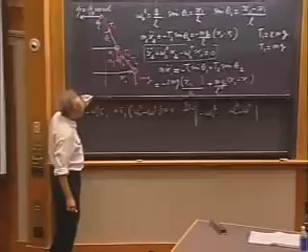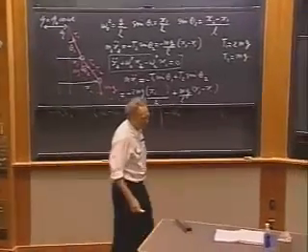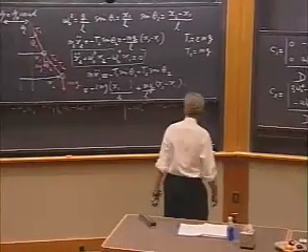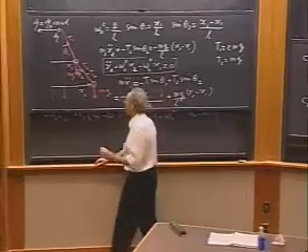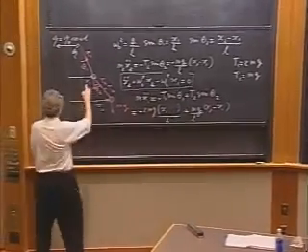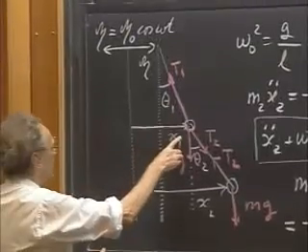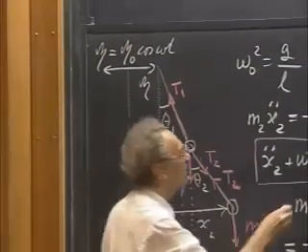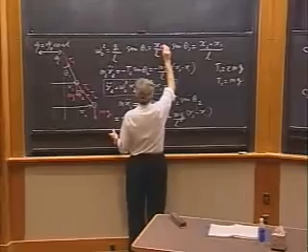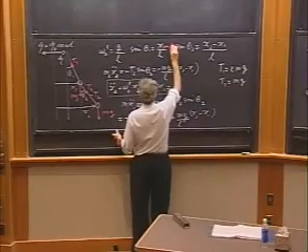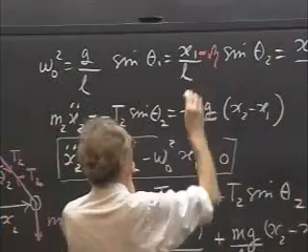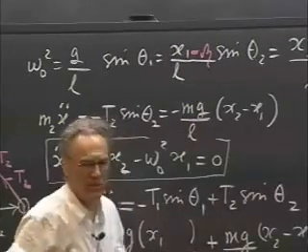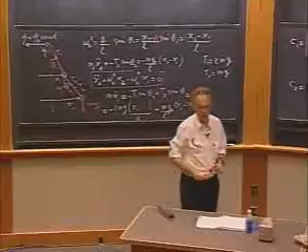What has changed? Well, at first sight, very little has changed. The only thing that has changed is that sine theta 1 is now x1 minus eta divided by L. So I have here a minus eta. It looks rather innocent, but the consequences will be unbelievable.